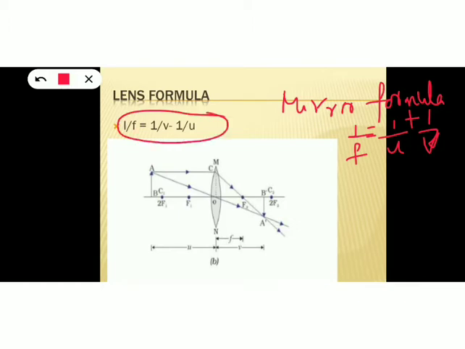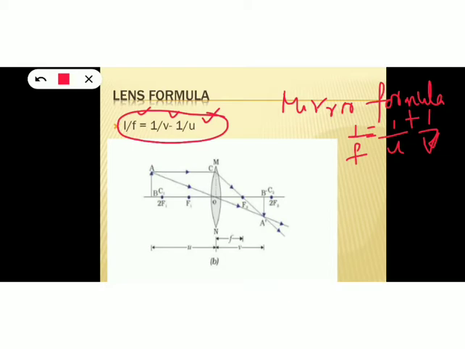u, v and f have the same meaning as in the case of mirrors. What is f? f is the focal length of the lens, v is the distance between the image and the optical center of the lens, and u is the distance between the object and the optical center of the lens. So in this figure you can see v, u and f.